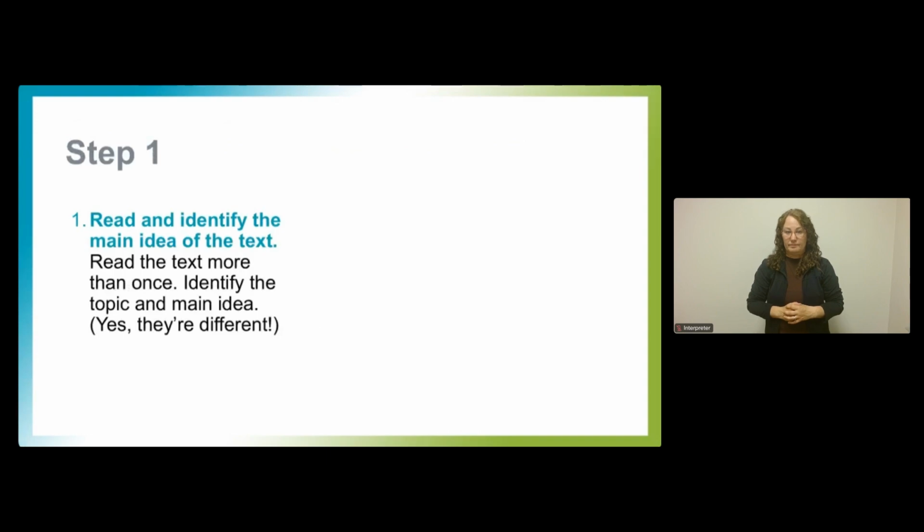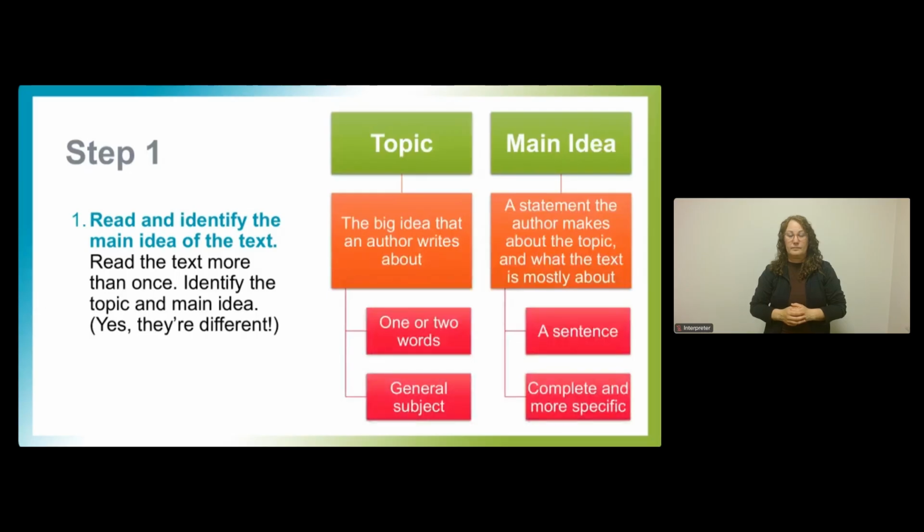Step 1, read and identify the main idea of the text. So what does this mean? Typically, a writer will have a topic, a general topic that they write about, and this can be captured in 1 or 2 words and is a general subject.